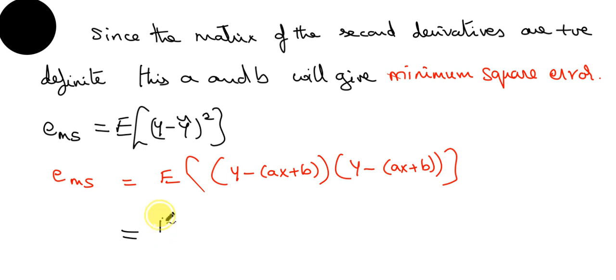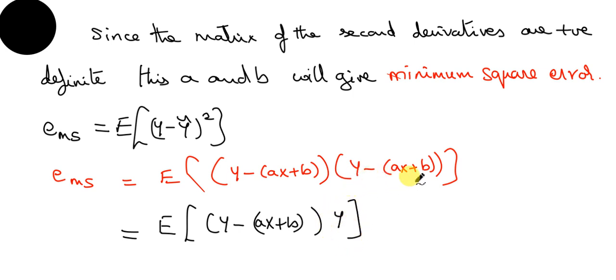So this would give me E of y with the second term, which is nothing but E of y minus (ax plus b) into y. By linear property, the negativity comes outside: minus expectation of y minus (ax plus b) into (ax plus b).